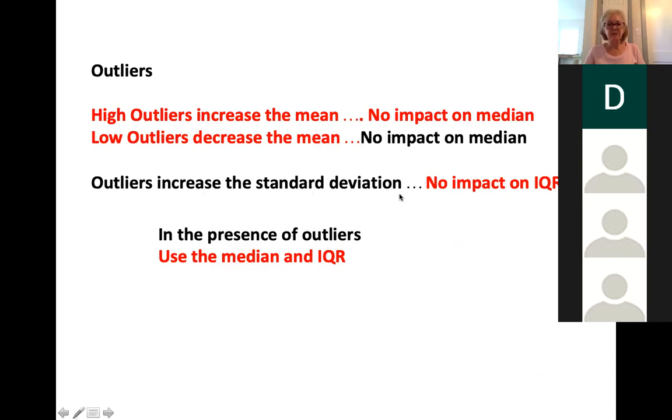The standard deviation says, wait a minute, there's an outlier that's really far away from the mean. The standard deviation gets bigger. It doesn't affect the IQR. So here's the takeaway. If there are outliers, the median and IQR are better than the mean and standard deviation.